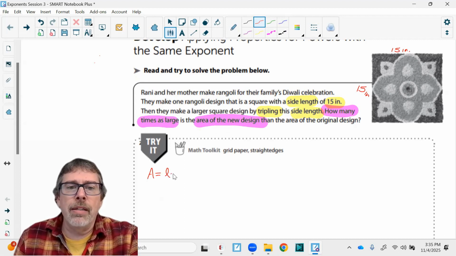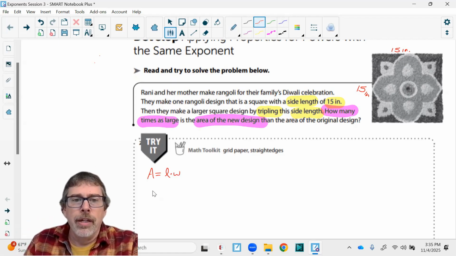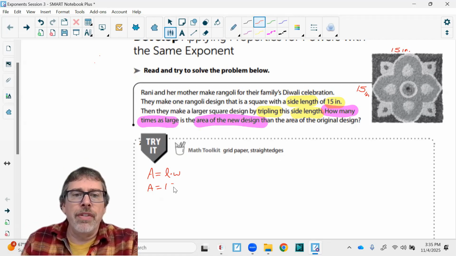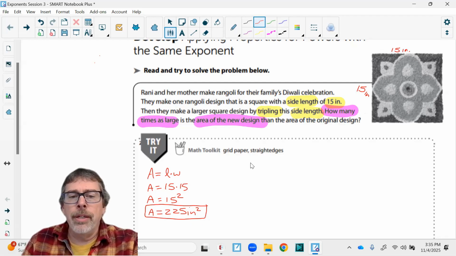I'll just use length times width here, but it's also side times side or side squared. So the area will be 15 times 15, or the area will be 15 squared, if you will. And that comes out to be 225 inches squared. So that's the area of the original rangoli.